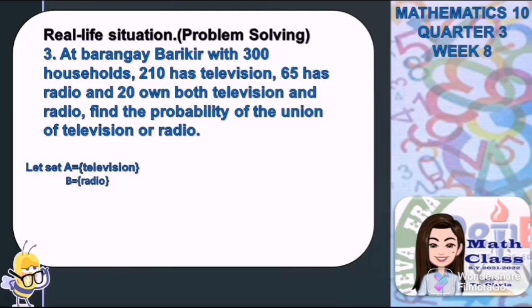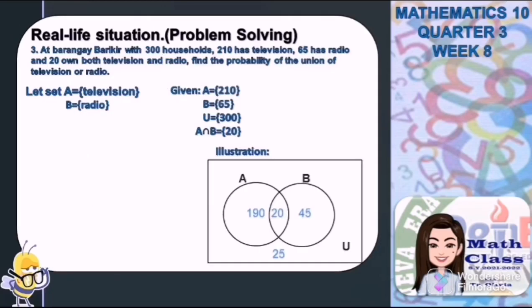So given already the number of households which have the following, set A is equal to 210, set B is equal to 65, and for the universal set or the population, we have 300 households, and of course the intersection of A and B is equal to 20 since they own both television and radio.